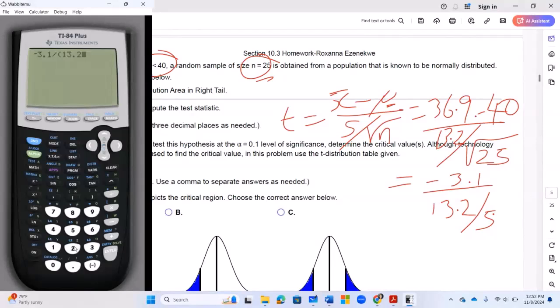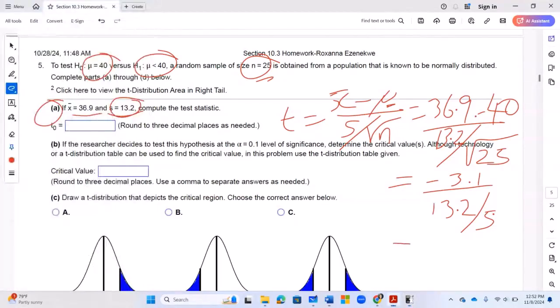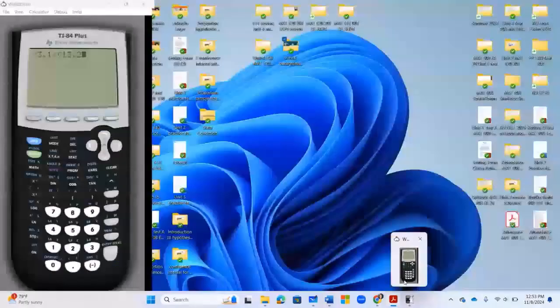There's so many ways you can do this. Actually, I can flip that over. Let me flip it over before I continue. I have negative 3.1 multiplied by 5 over 13.2. Okay, so that is going to be quicker for us.